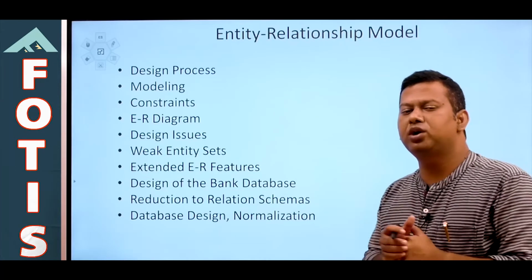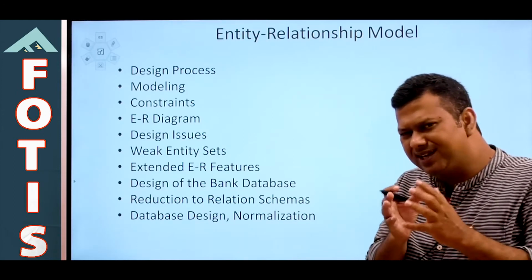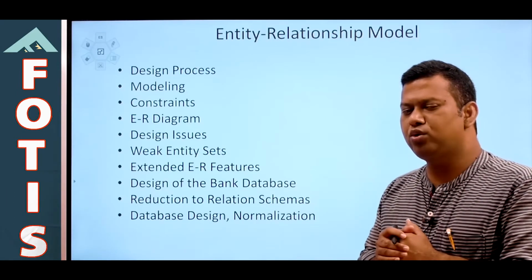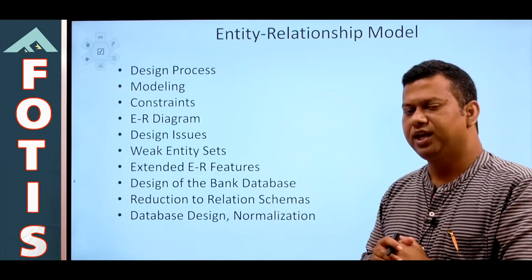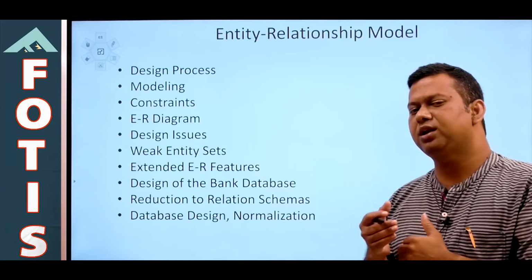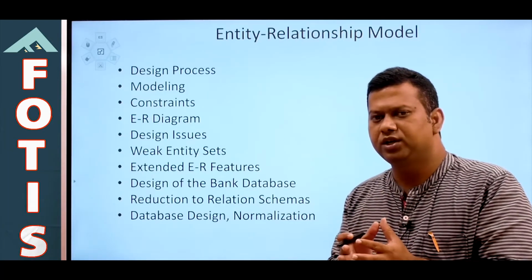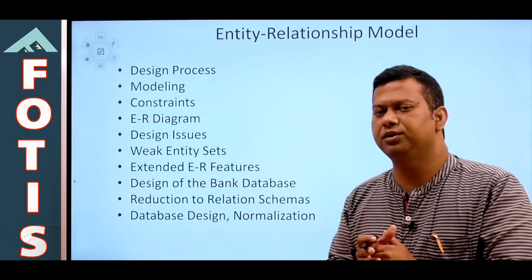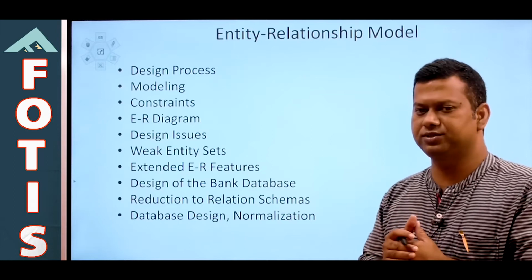And the most important point in any database design is, suppose you have designed a database, now how do you say that this is a good design or a bad design? A database is said to be a good database if it follows at least 3 normal forms.